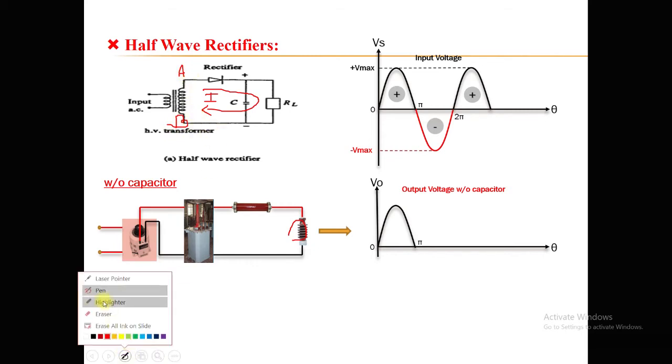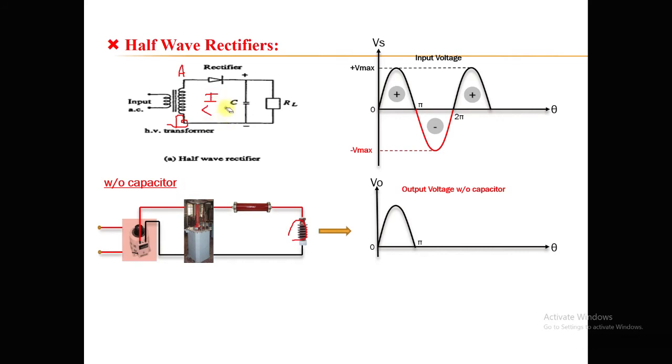So in these circumstances, the direction of the current will now change. During this reversal, this will be the direction of the current. So during the negative half cycle from pi to 2 pi, the diode comes under reverse bias condition.